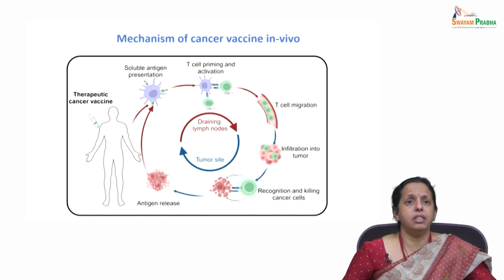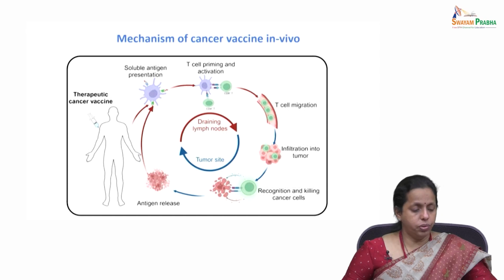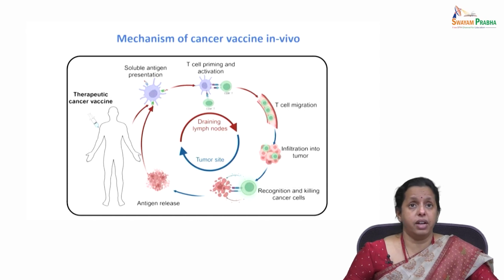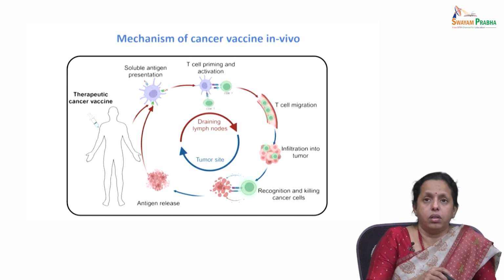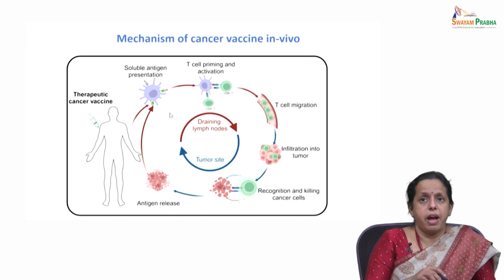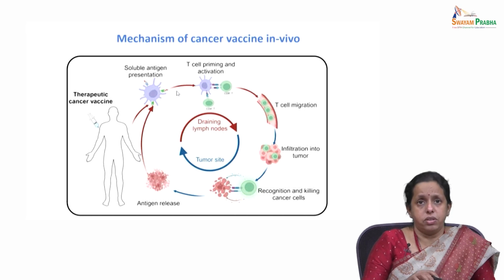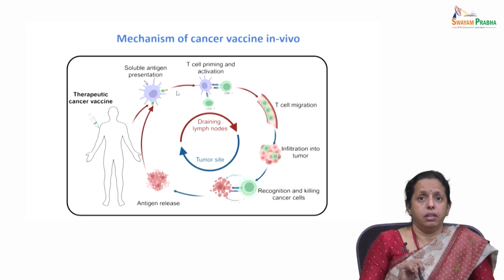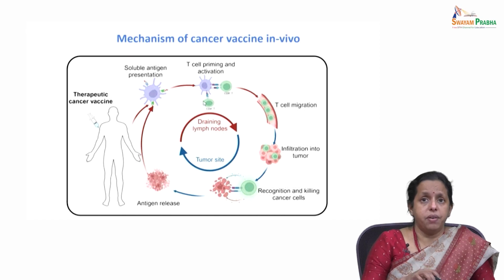This is the mechanism of action. For example, the mechanism of a cancer vaccine in vivo. After you have the tumor antigens, which migrate in various different forms, they are phagocytized, then intracellularly processed and efficiently presented by your typical APCs.